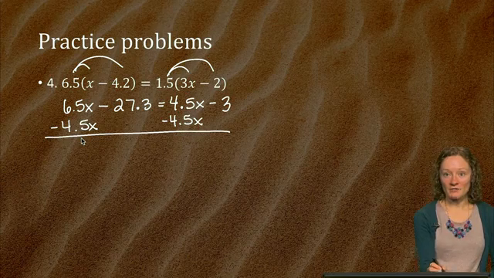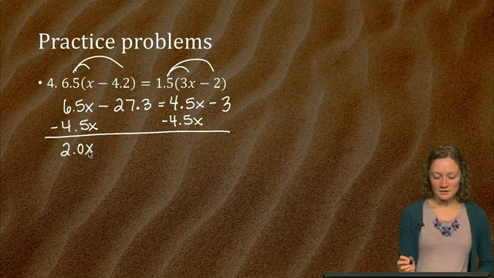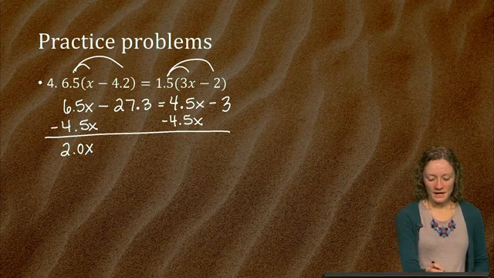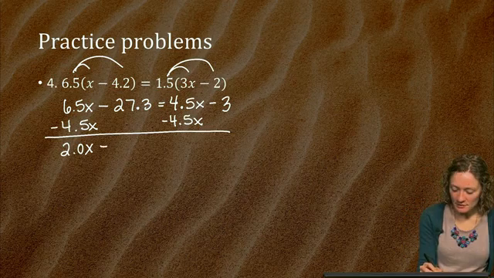So 6.5 minus 4.5 is 2.0x. If it's 0.0, not necessary to write 0.0. I'm going to keep it for now, but if you didn't write it, it's fine.